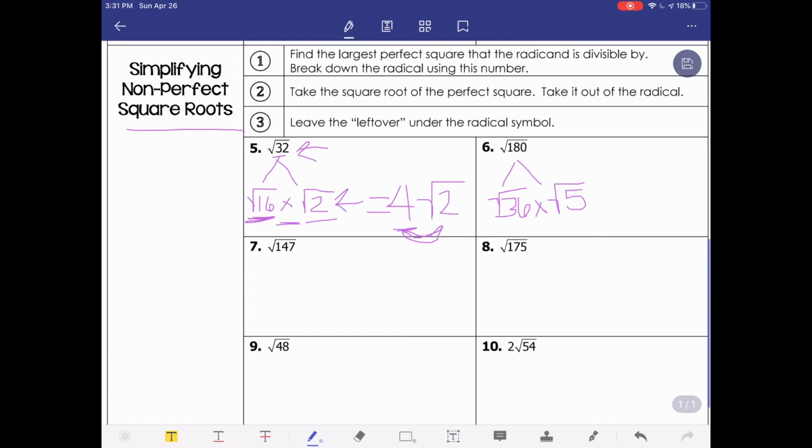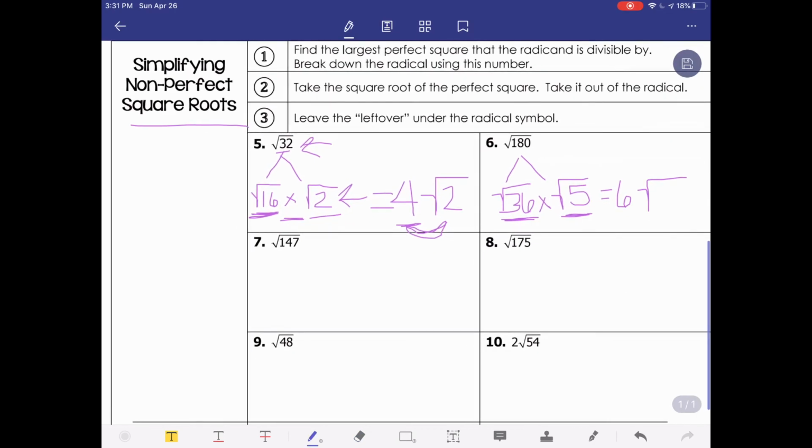Then I'm going to take the square root of the perfect square, and take it out of my radical because the square root of 36 is just 6. And then I'm going to leave my leftover 5 under my radical symbol. So I'm going to have 6 radical 5. And that's going to be my final simplified answer.